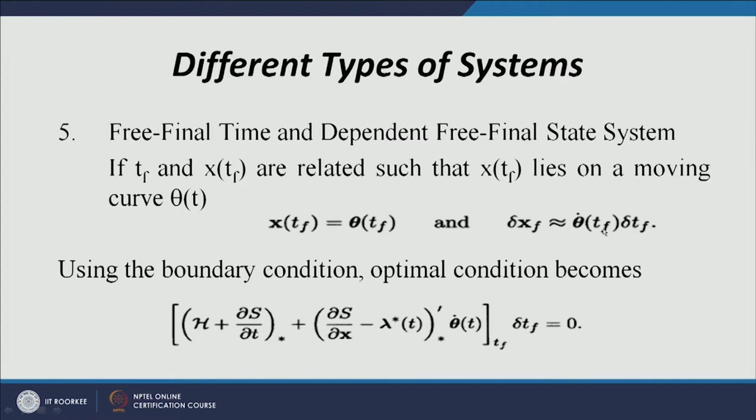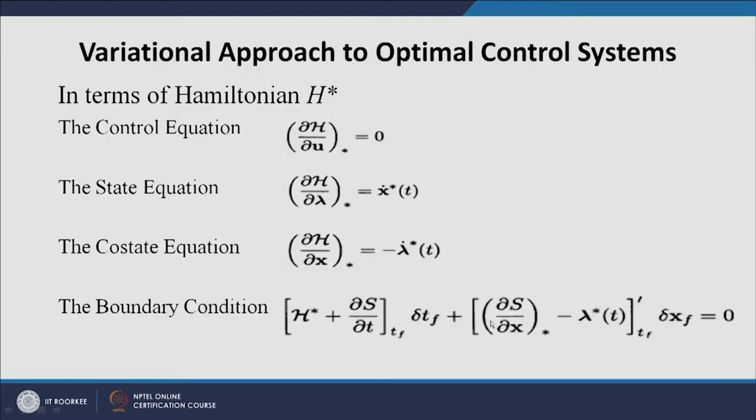So I have a relation between delta xf and delta Tf. I'll place this value delta xf as theta dot delta Tf in this given relation, so Tf and delta xf are related to each other.